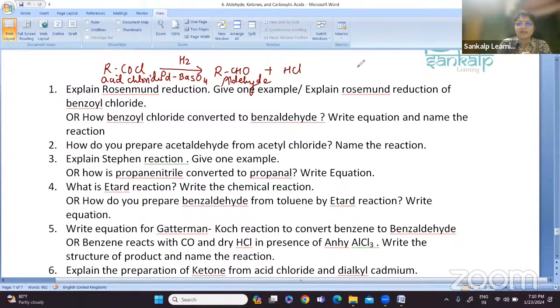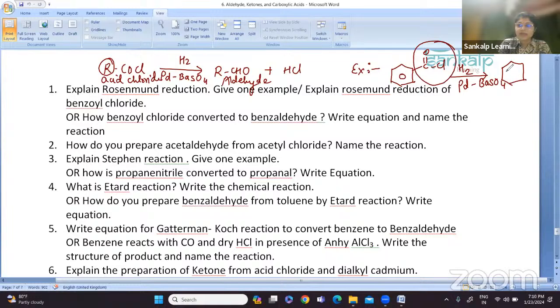Now, for a specific reaction, I will take R as a benzene ring, so this is benzoyl chloride. Benzoyl chloride in the presence of hydrogen and palladium on barium sulfate undergoes reduction. The acyl chloride group is converted into the aldehyde group, that is, C double bond O. It undergoes reduction.